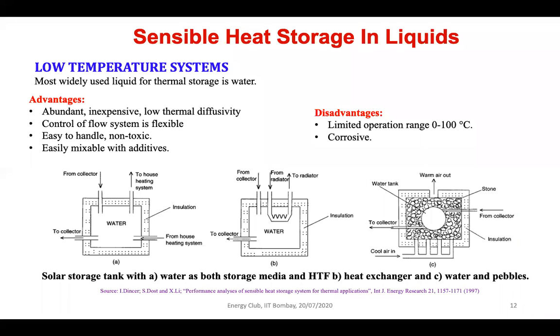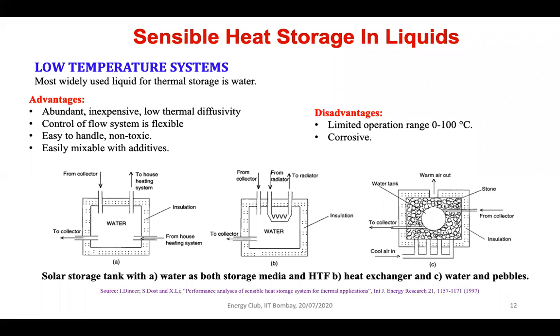Okay. And another thing, when you use water, as it is not toxic, as well as not much corrosive in nature, controlling is fairly easy. As well as you can mix some other materials with this water, something like nanoparticles, to enhance the thermal properties of this system.